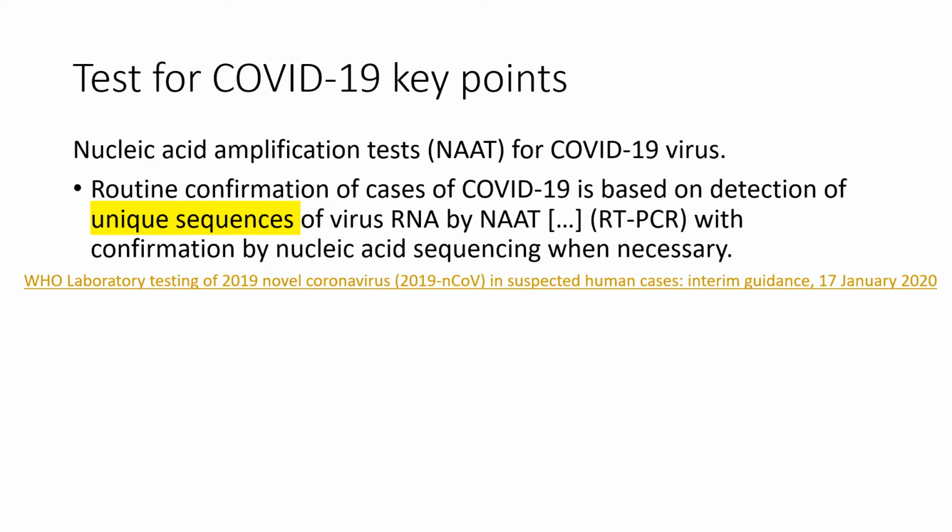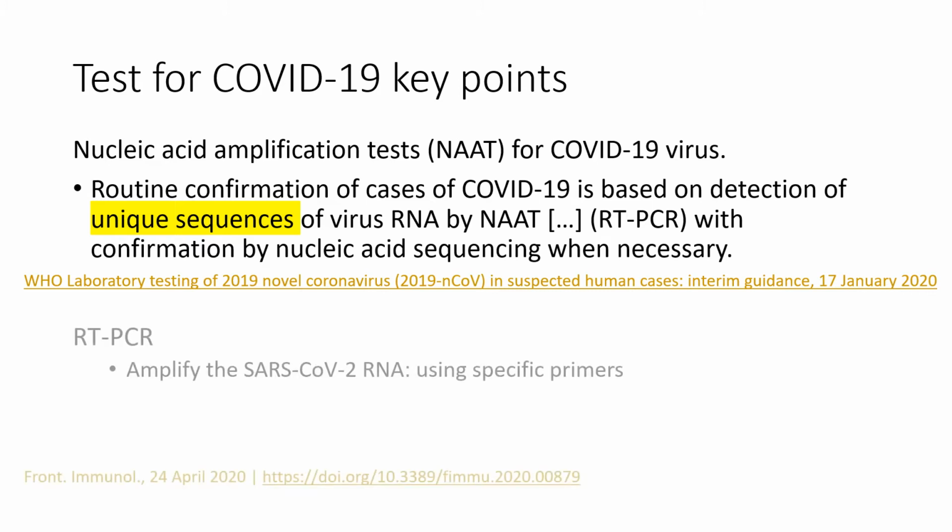It's nucleic acid amplification with unique sequences for the SARS-CoV-2. If this amplification was done with sequences that are shared by other coronaviruses, then it's not a confirmatory test. You need to make sure the test is using the appropriate primers. And this is taken from the World Health Organization guidelines.